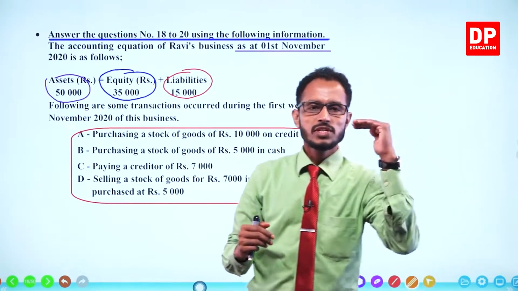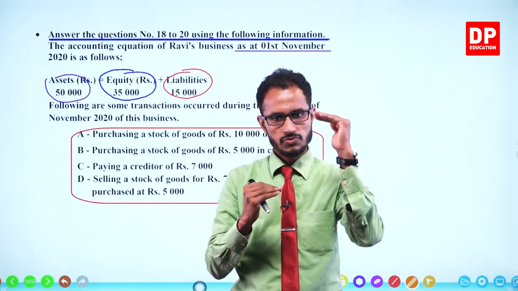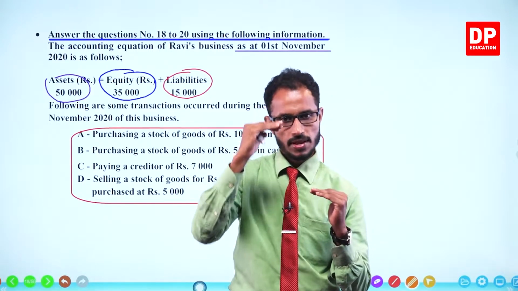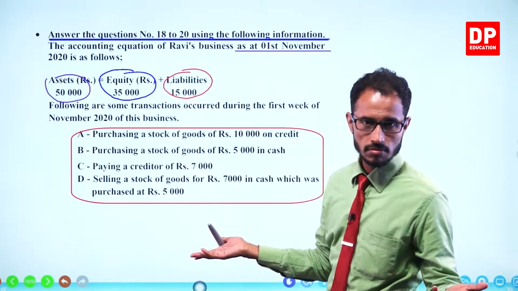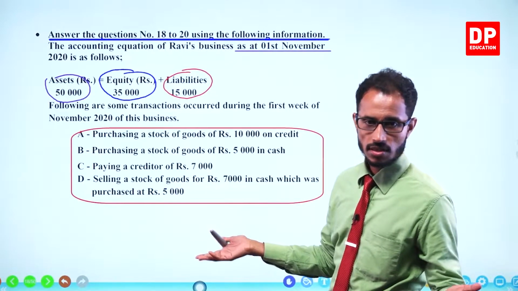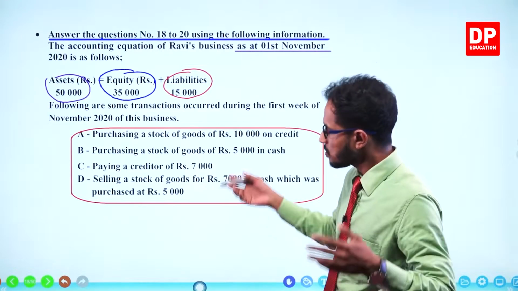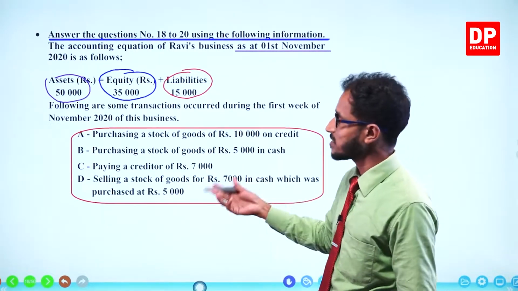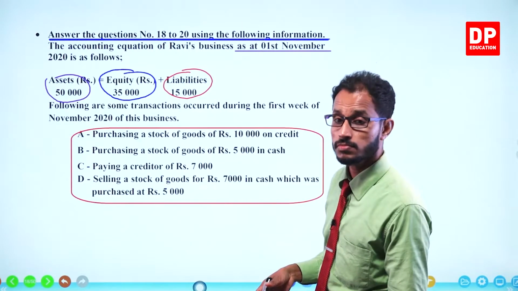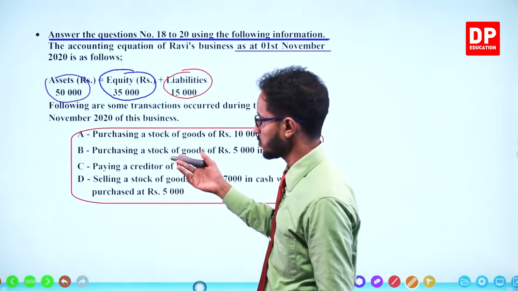These values will go up and down due to the transactions. You have to record the transactions under the accounting equation. That's what you should do.